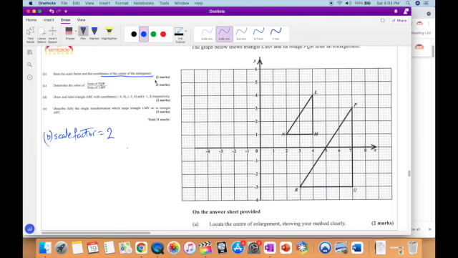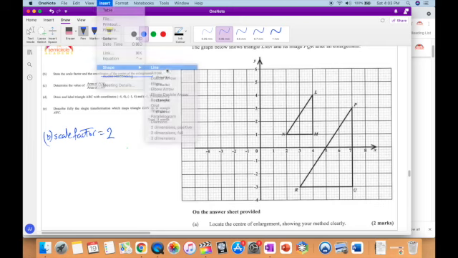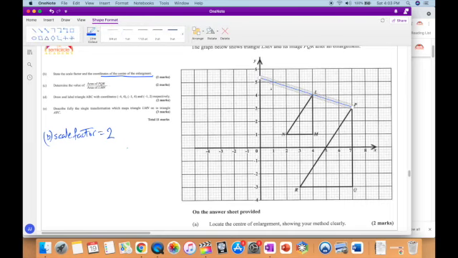Now let's look at how we find the center of enlargement. And of course, for the center of enlargement, you guys actually will have to use a ruler. So make sure you have your ruler there. And take one point, join it to the corresponding point, and then just extend it going out. Right? So we have that there.